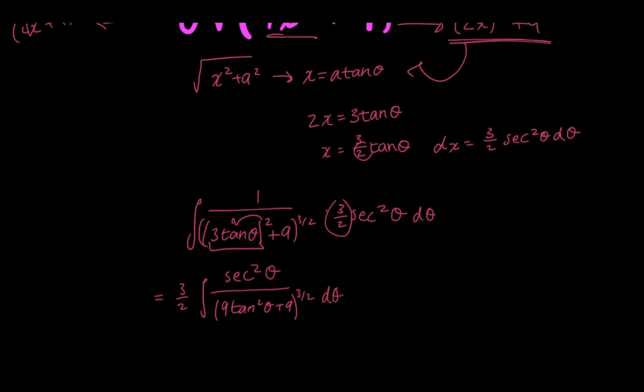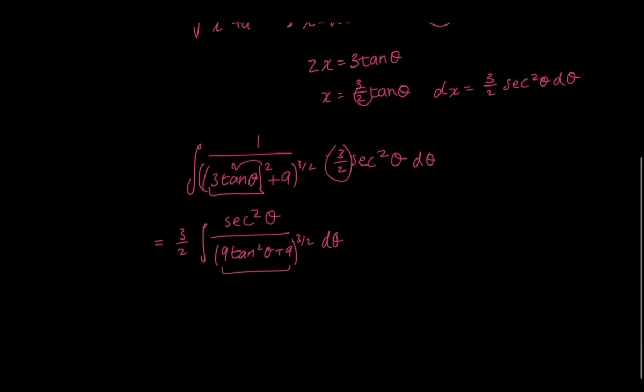Now I see that in that inner part of my denominator, I have something familiar. And I'm going to use the Pythagorean identity that tan squared theta plus 1 is equal to secant squared theta. In my case, I have 9 tan squared theta plus 9, which is going to be equal to just 9 multiplied by secant squared theta.